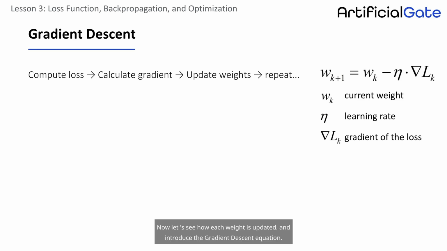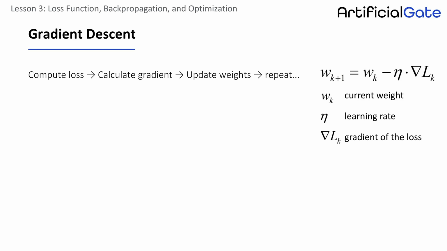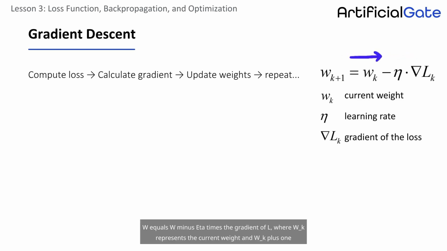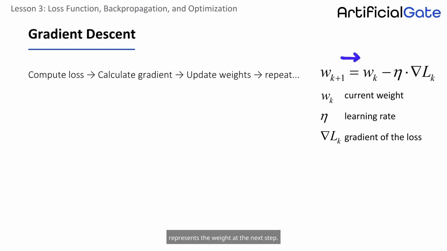Now let's see how each weight is updated and introduce the gradient descent equation. W_{k+1} equals W_k minus eta times the gradient of L, where W_k represents the current weight and W_{k+1} represents the weight at the next step.